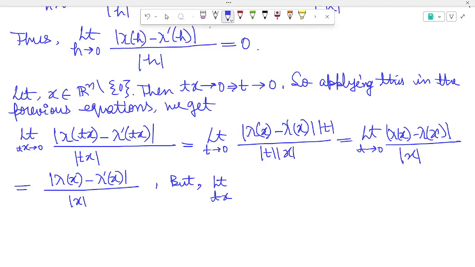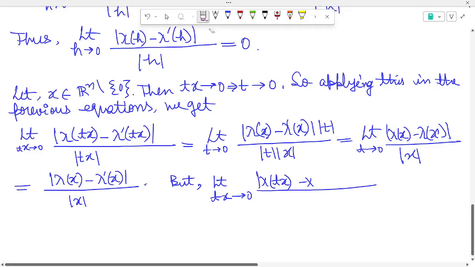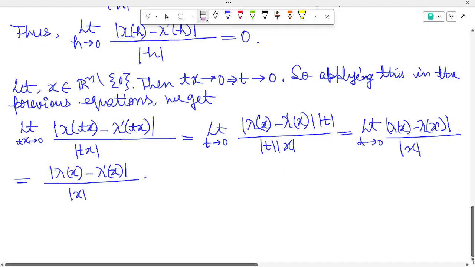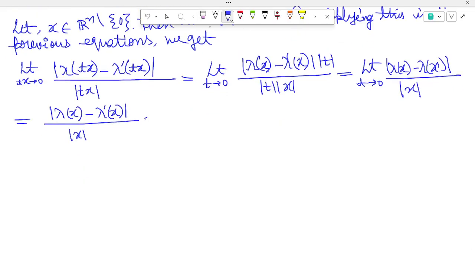But limit tx tends to 0, lambda of tx. So let me write it here. tx tends to 0.